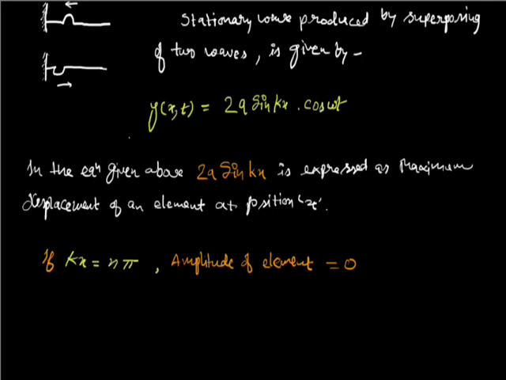And also we know that k equals 2 pi upon lambda, where lambda is the wavelength of the wave.